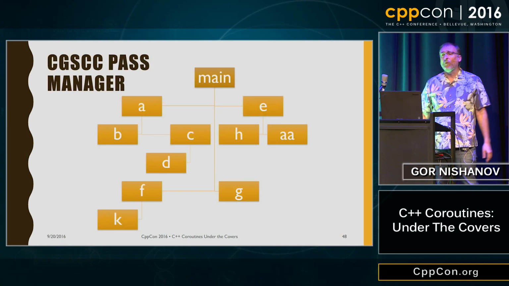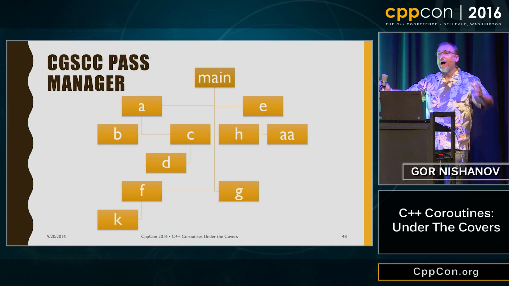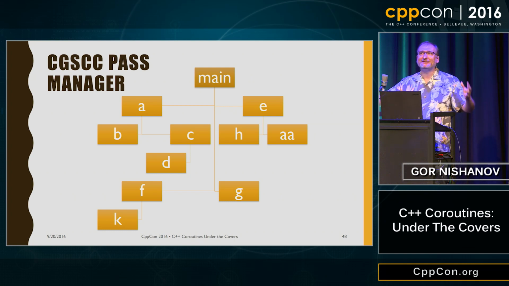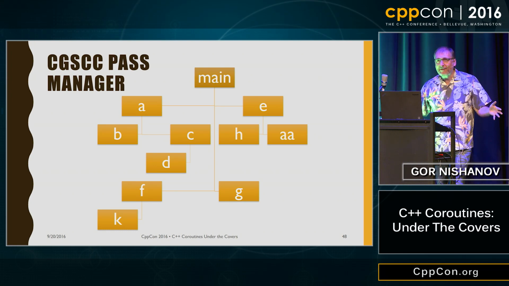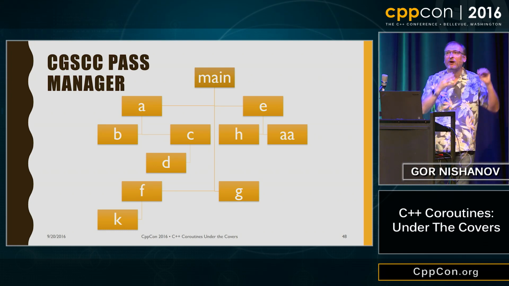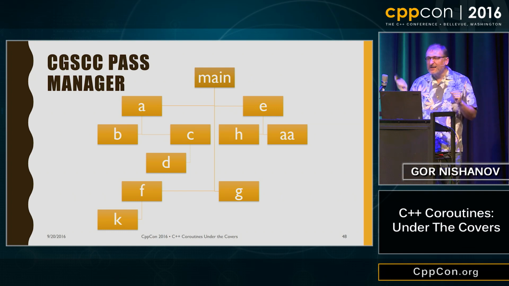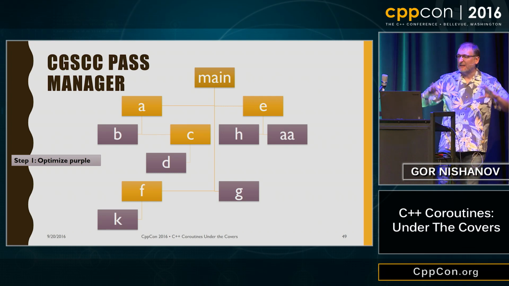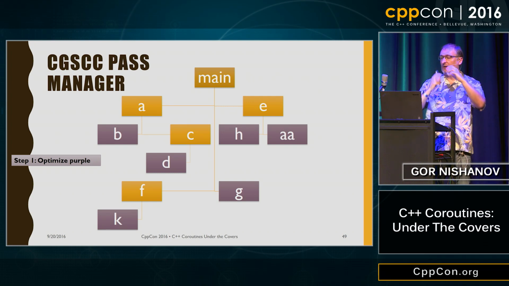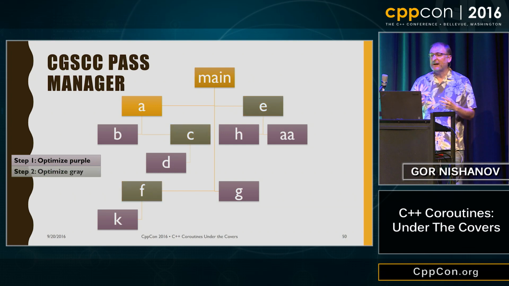Because what it stands for is the call graph strongly connected component pass manager. Because it looks at your whole module and then builds a call graph to see which functions call which. And then it runs optimization in the bottom-up order. So first, it will optimize the leaves. They will become smaller and simpler. Then it will optimize their callers.